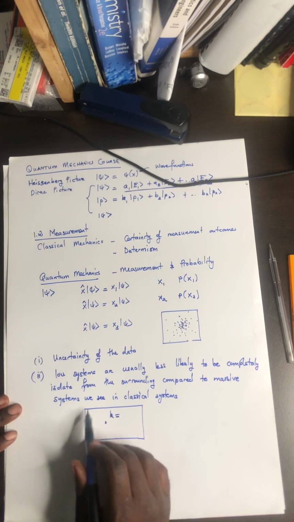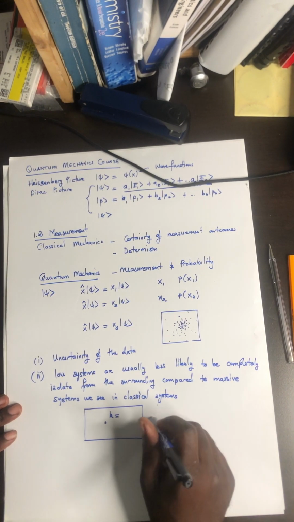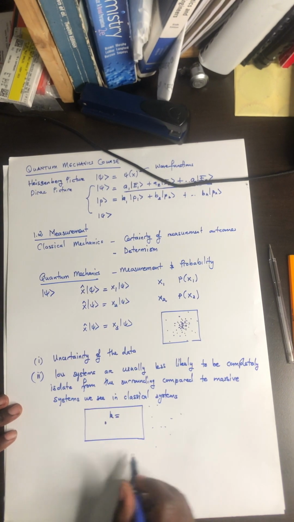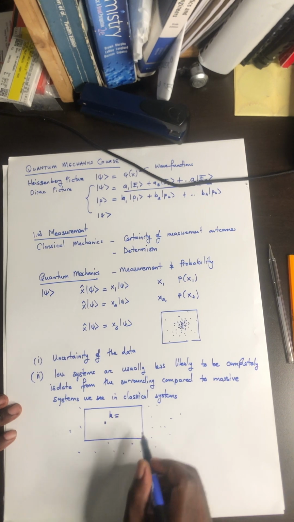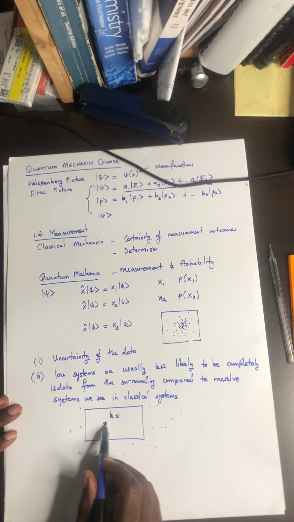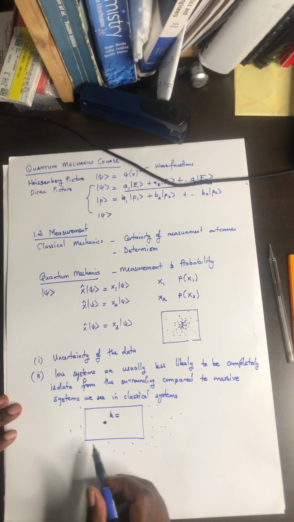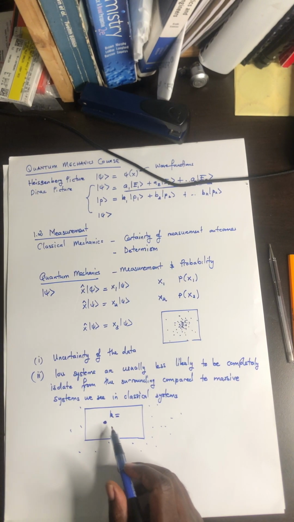Maybe you make this a vacuum and try to isolate it as best as possible, but outside this vacuum there are particles like atoms that have charge, and the electric fields are always affecting our electron, and these electric fields behave in a kind of random manner.